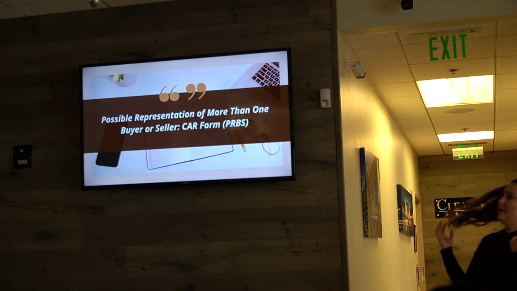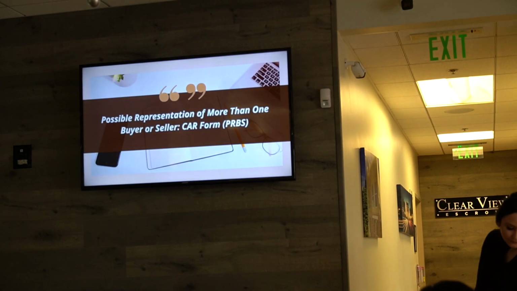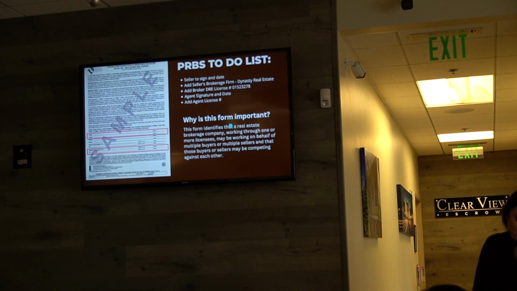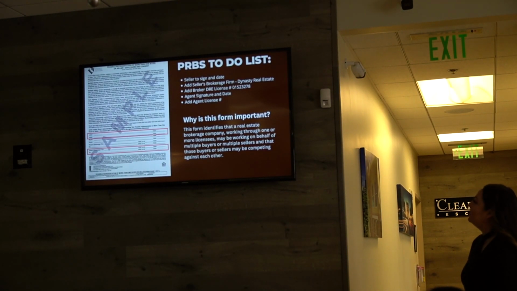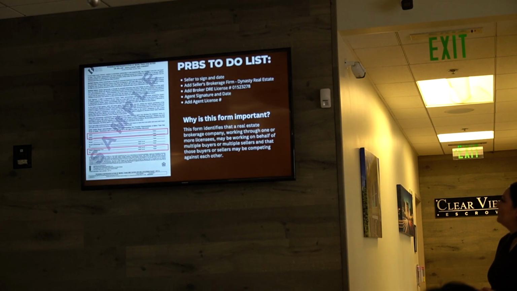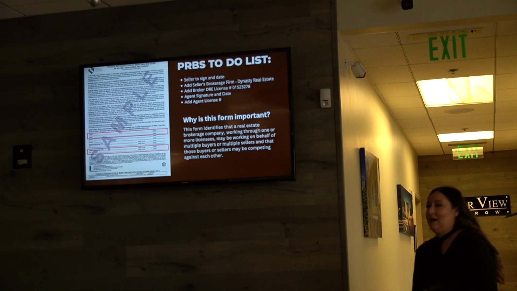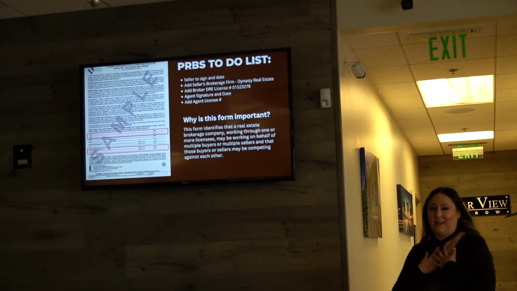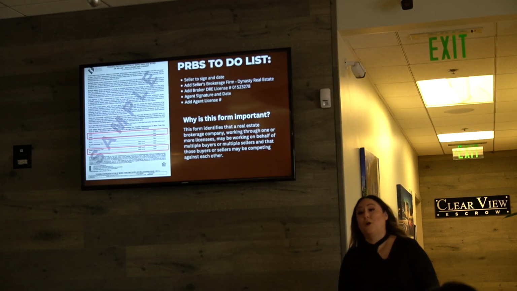Okay. And then our PRBS, possible representation of more than one buyer or seller. I'm sure you guys are familiar with this one too. This is what it looks like. This one just identifies that a real estate brokerage can be working with more than one buyer or seller. What does that mean? I work for Dynasty Real Estate. You work for Dynasty Real Estate. We may be competing for the same property.